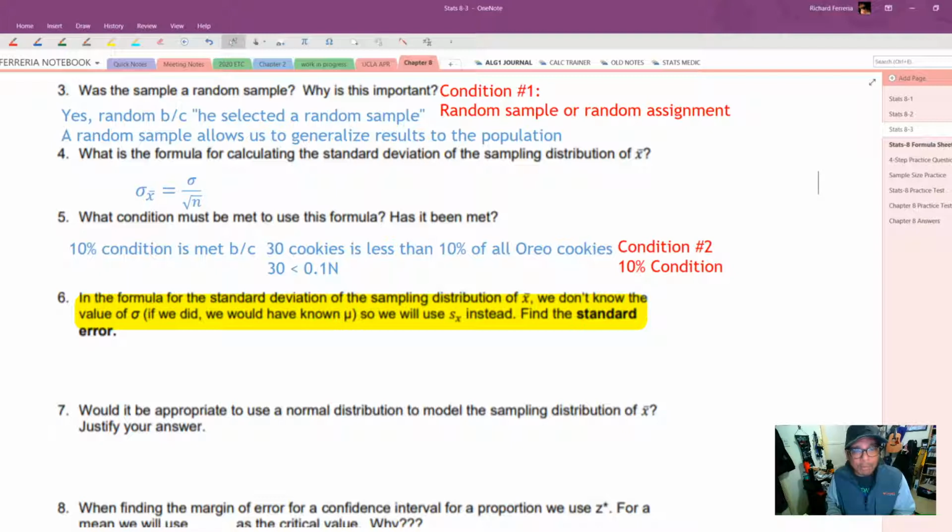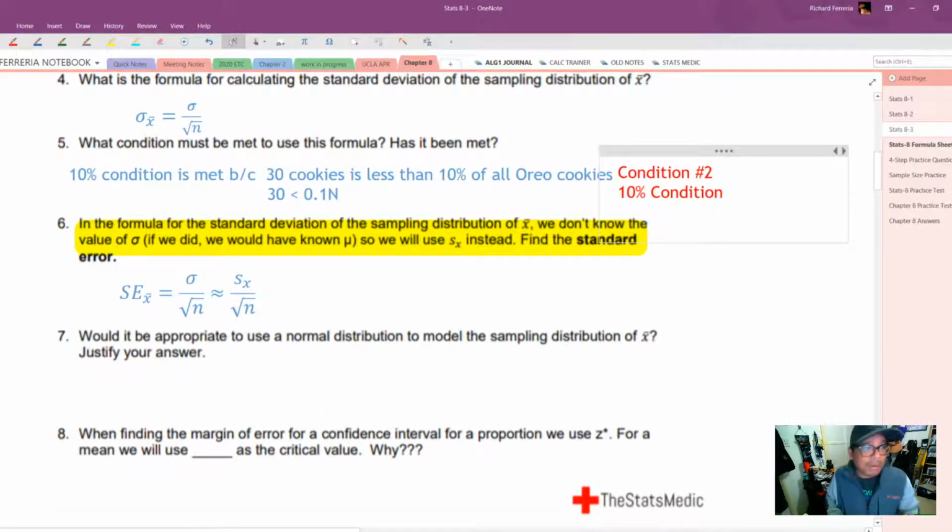So just like before, we are going to use the standard deviation of the sample to estimate the standard deviation of the population. We did that before with proportions when we used p hat to estimate p. So the standard error, SE of x bar, this time we're doing x bar, is equal to sigma over square root of n and is approximately equal to Sx over root n.